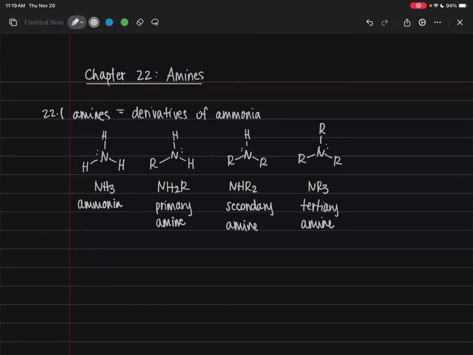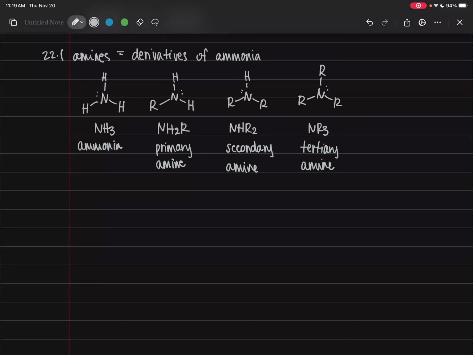We can also actually go one step further. So before I do that, let's go back to ammonia. If we take ammonia and protonate it to make NH4 plus, that is ammonium, the ammonium cation.